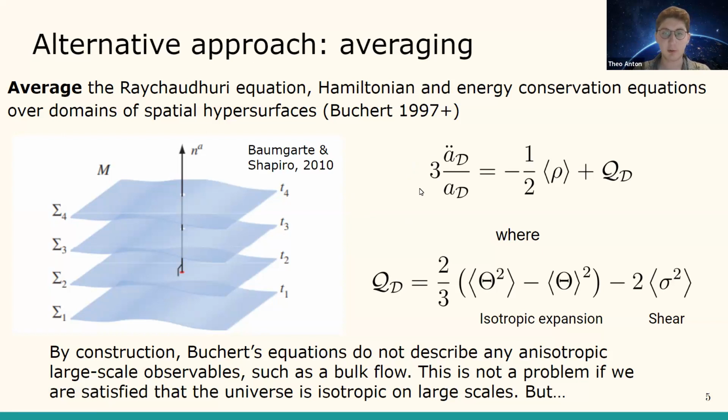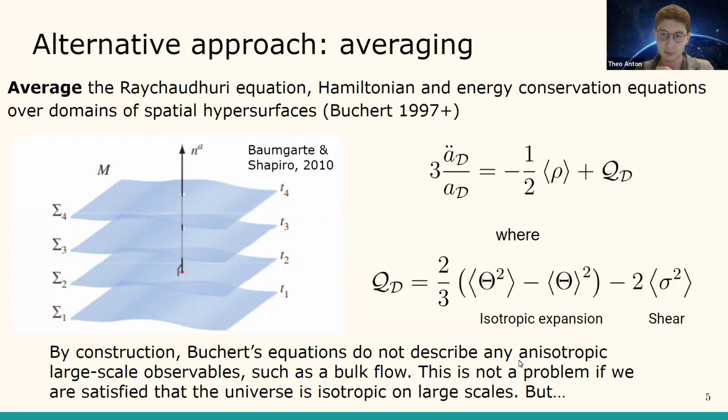So, for example, what one finds in that case is that potentially you can have acceleration. So the effective scale factor measured inside that domain has a positive second derivative, or a double dot over a is greater than 0, if this back reaction term Q is sufficiently large.